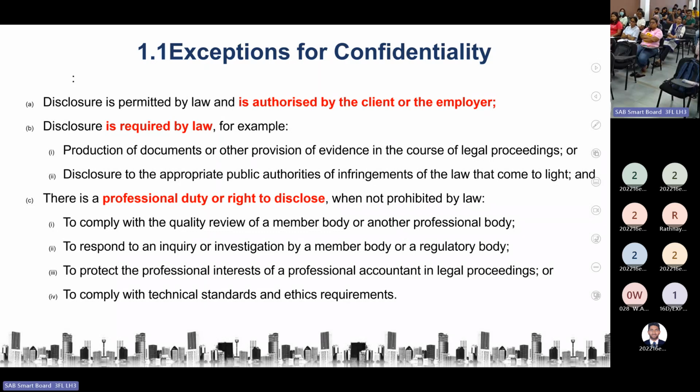I don't say breaching; it's a kind of exception for the confidentiality. So this one also handshake in exception, as a case study. So don't expect a question like this: what are the three scenarios that you can have an exception for the confidentiality?